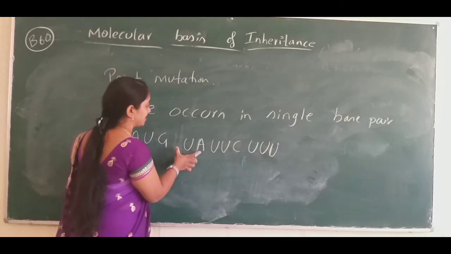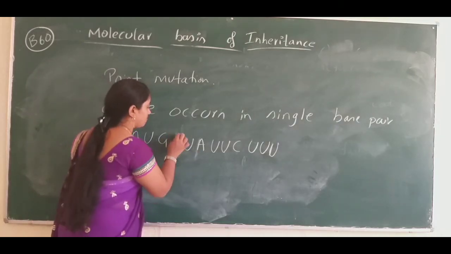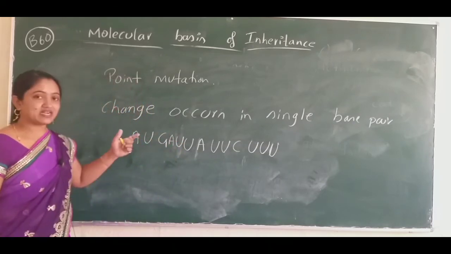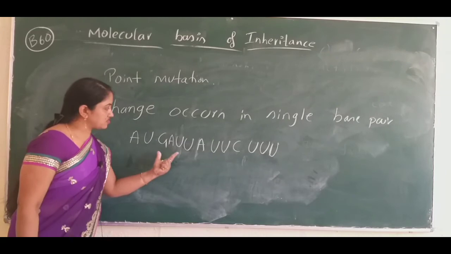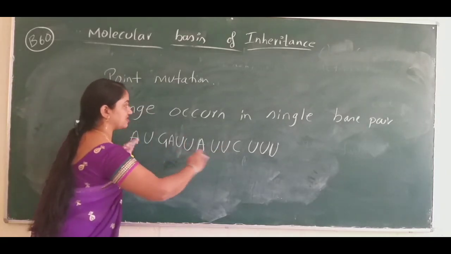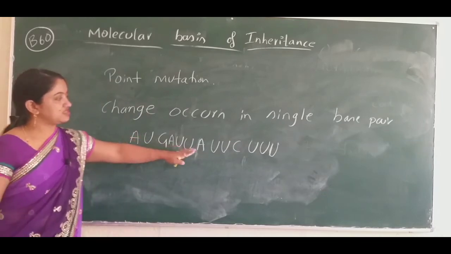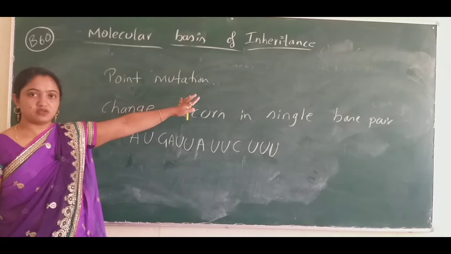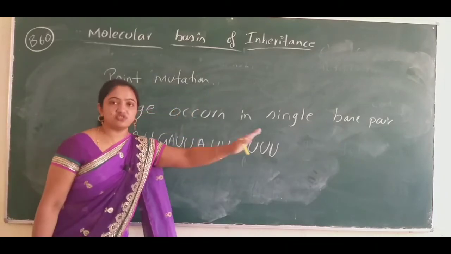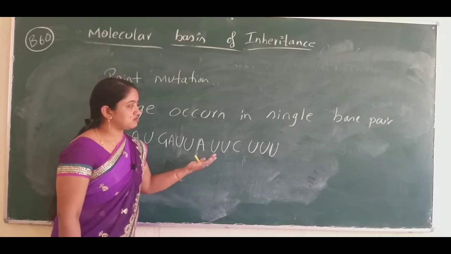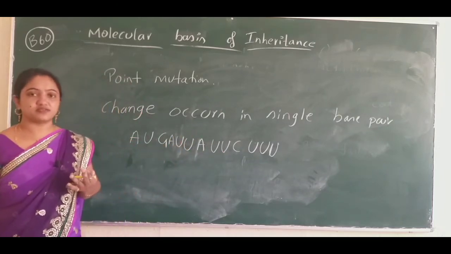If one base pair gets deleted or one base pair gets added, the process is known as mutation. The change that occurs in these base pairs or triplet codons is known as mutation. That results in the formation of some severe diseases.